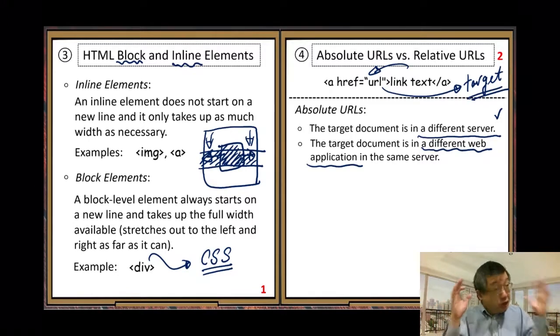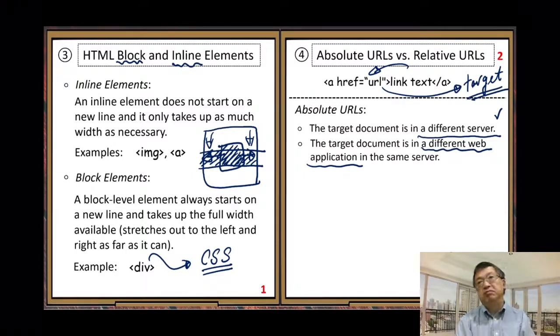We know each server can host a large number of web applications, because in a server we have a lot of resources, so we can use it to run many web applications. So, different web applications, although they are in the same server.